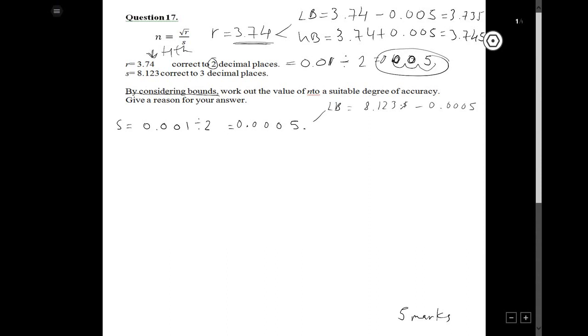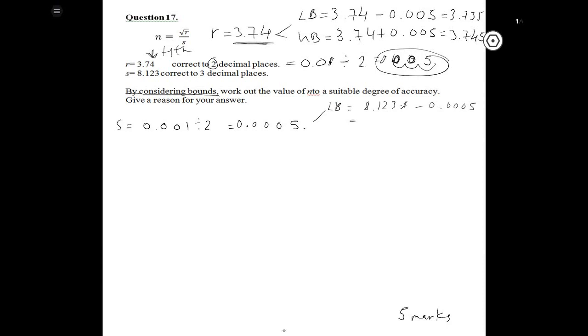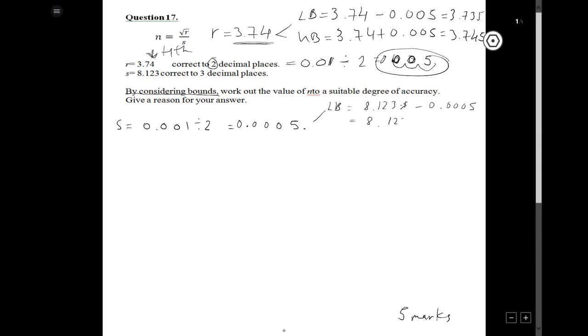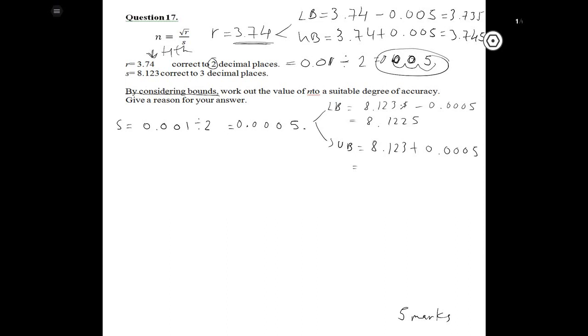Type that in your calculator, so 8.123 minus 0.0005, and predictably I get 8.1225 for the lower bound. Again, I take my value for s, 8.123, and I add 0.0005. Do this in your calculator, and I get 8.1235.